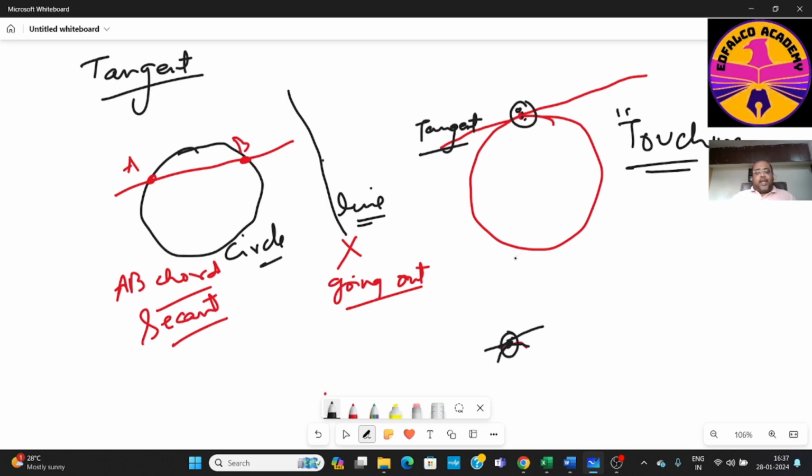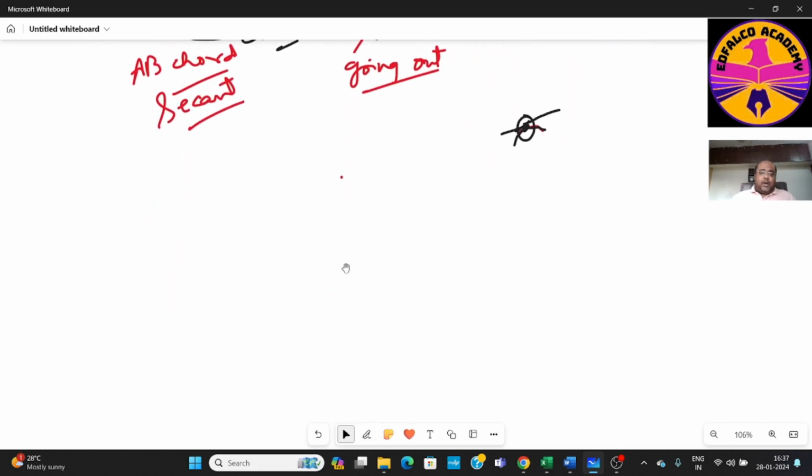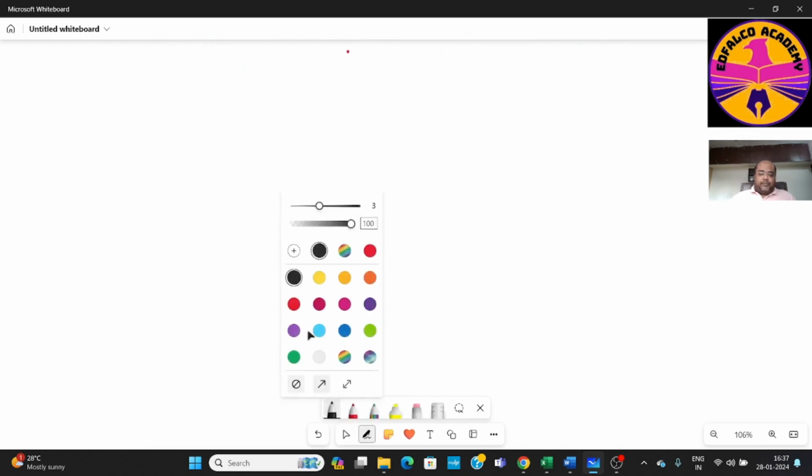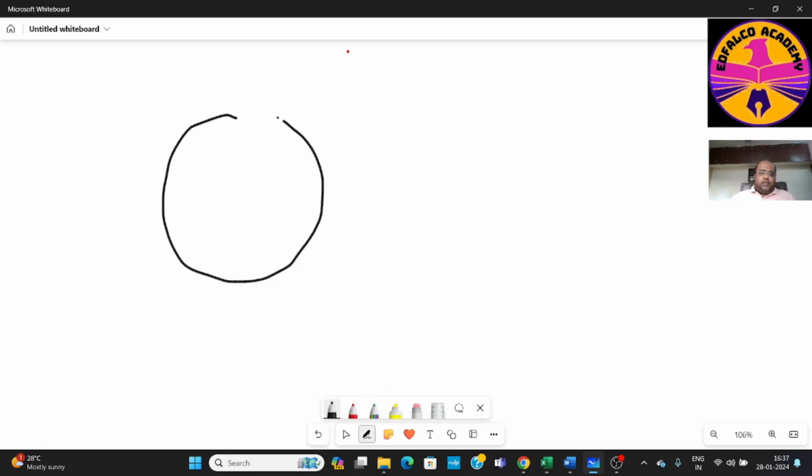Now, can the tangent be drawn from inside the circle? Can the line be drawn from outside the circle? That is what we will discuss next. So let's say you have a circle. Now, if you want to make a line which passes through the inside of the circle. So suppose there is a point I have just picked arbitrarily, which is inside the circle.